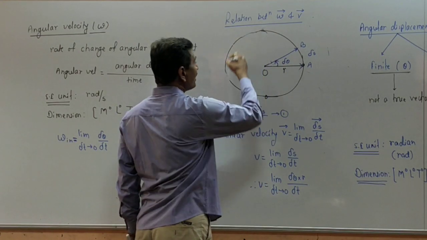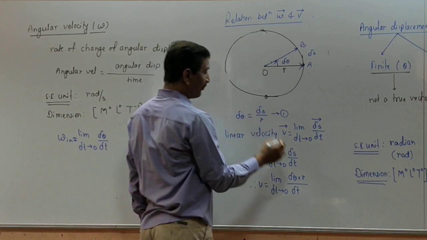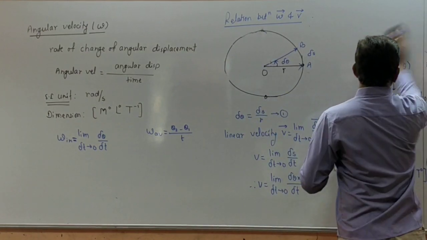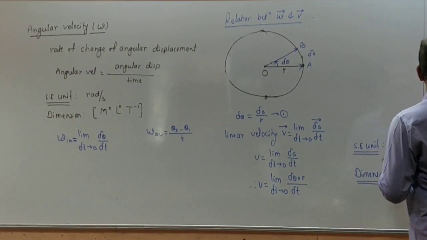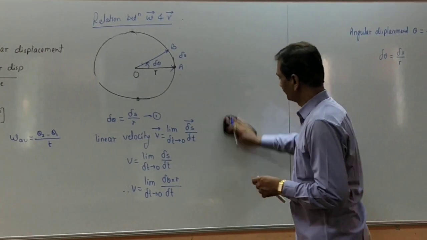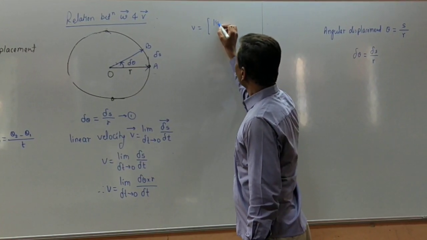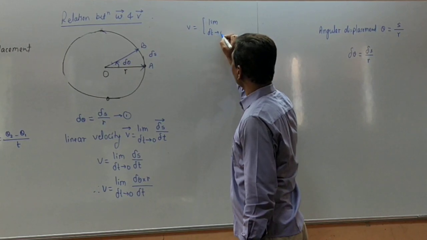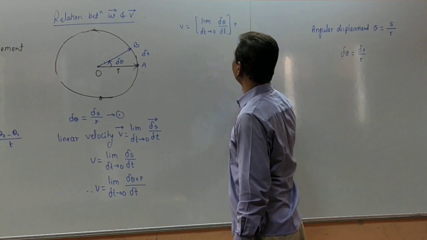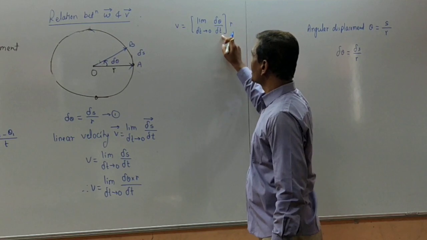Now we consider circular motion, so the radius remains constant. Means R is constant, so we take it outside the limit. So we get v is equal to limit delta t tends to 0 of delta theta upon delta t into R. What is this limit delta t tends to 0 of delta theta upon delta t?